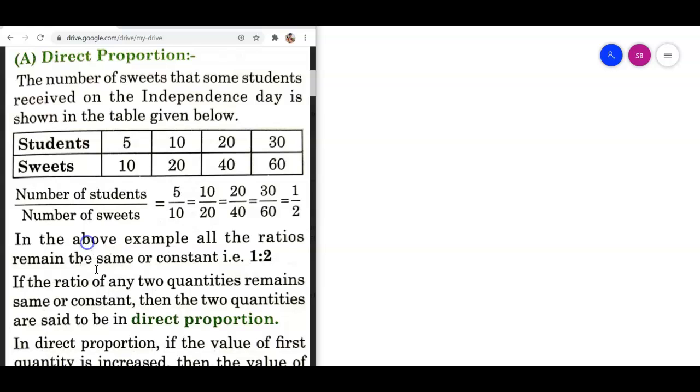Now here we have students and sweets, but it can be anything. So if the ratio of any two quantities remains same or constant, then these two quantities are said to be in direct proportion. Why? Because their ratio is same, because their ratio is constant.